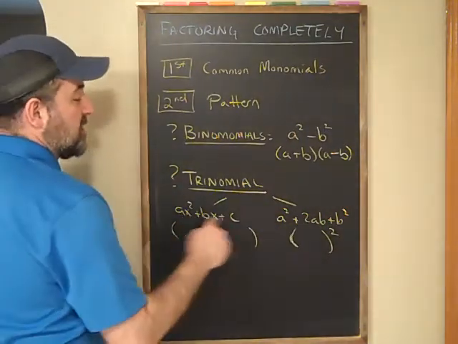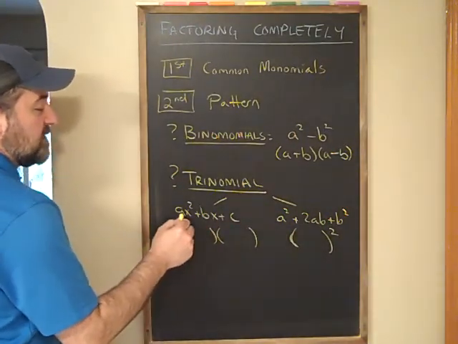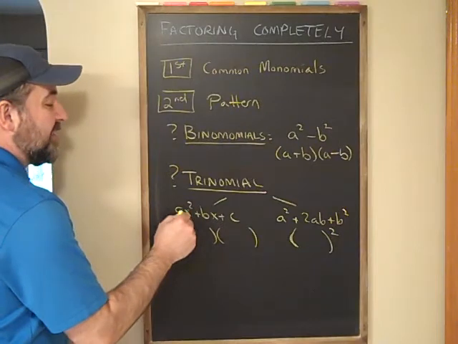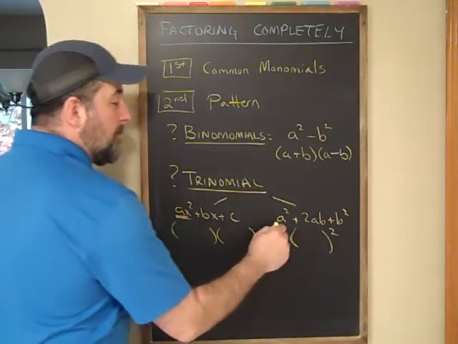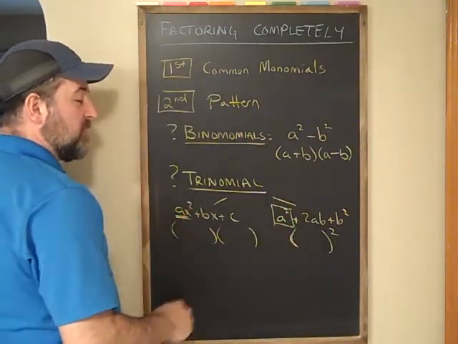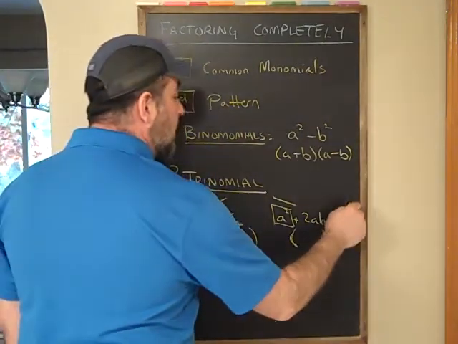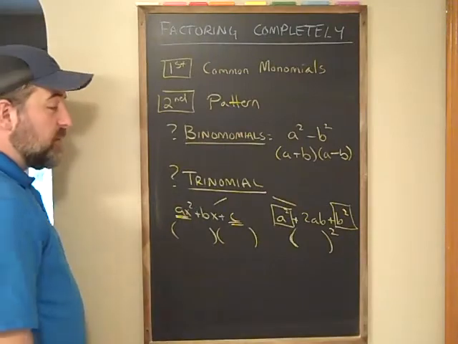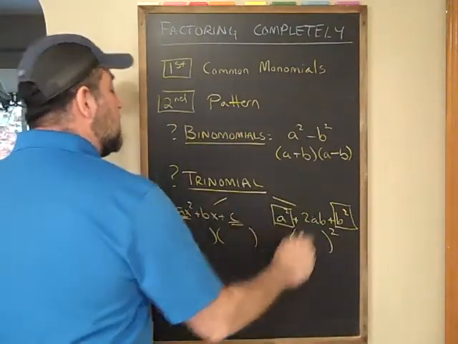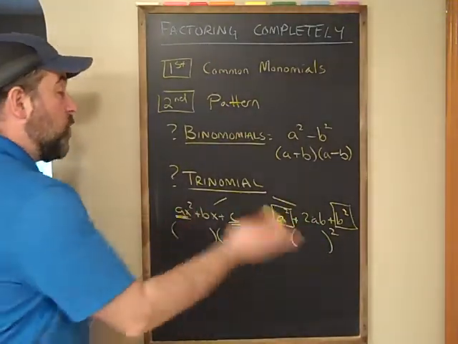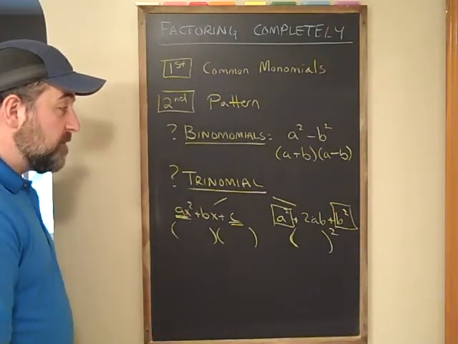The difference that's going to help you identify these is that the first term in the first type isn't necessarily a perfect square, but here it has to be a perfect square. Again, the last term isn't necessarily a perfect square, but here the last term has to be a perfect square. That's how you can distinguish what type of trinomial you're looking at.